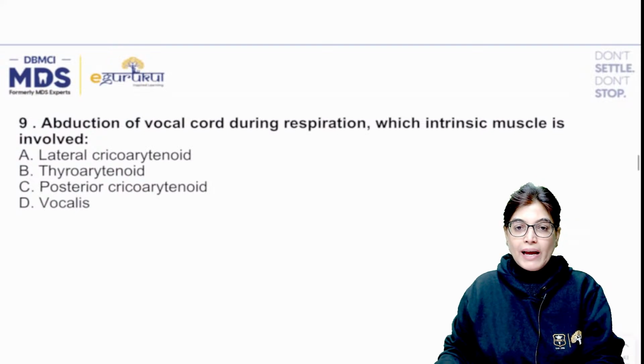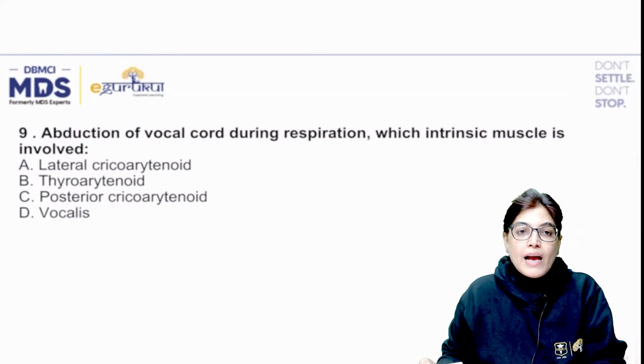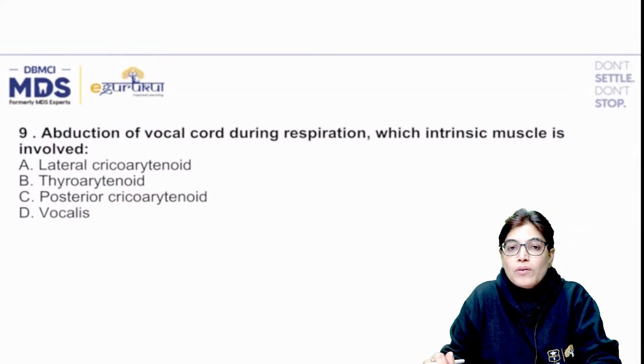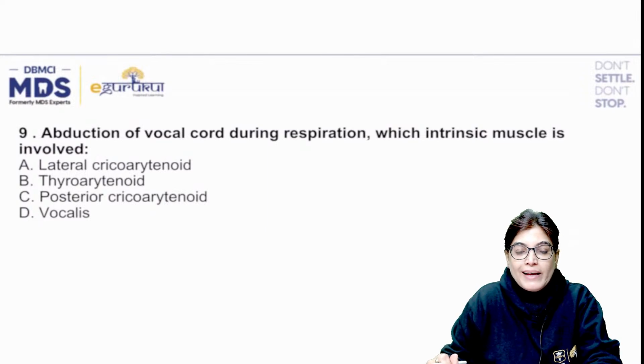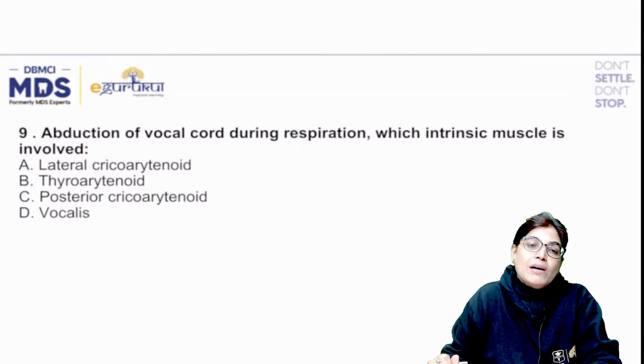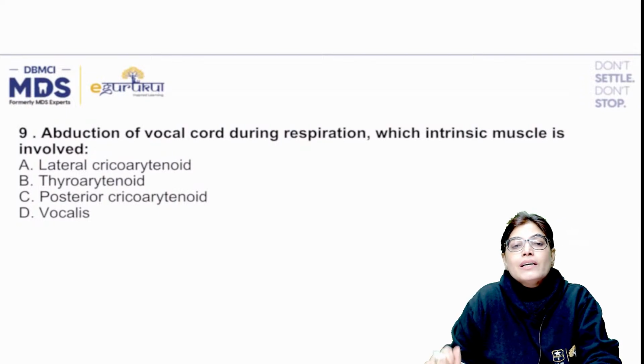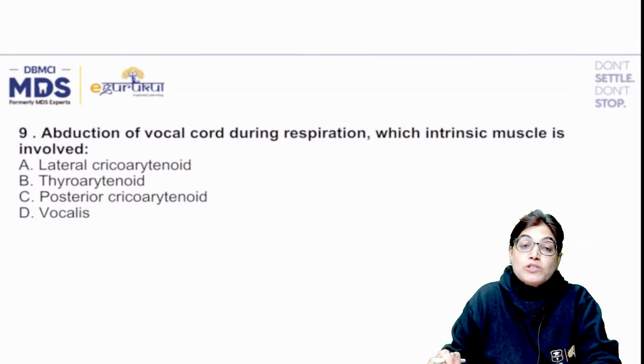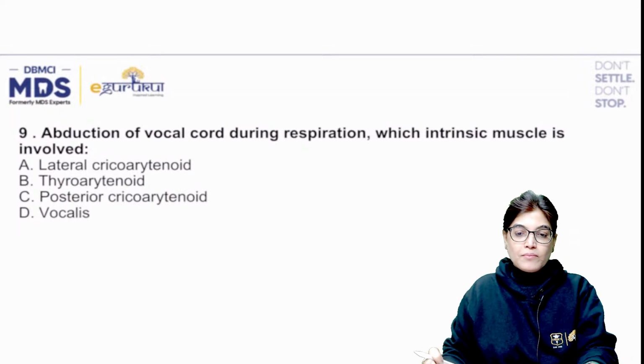That is question number 9. Abduction of vocal cord during respiration, which intrinsic muscle is involved? Lateral cricoarytenoid, thyroarytenoid, posterior cricoarytenoid, or vocalis?